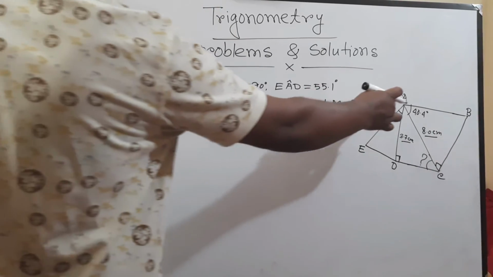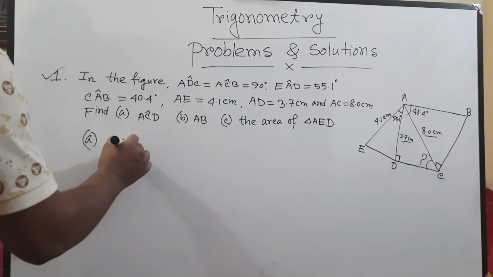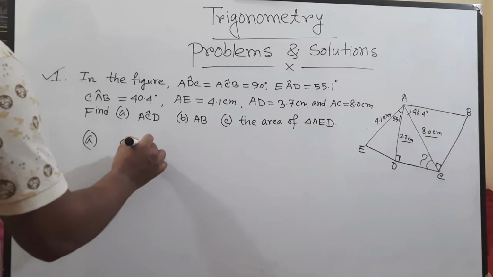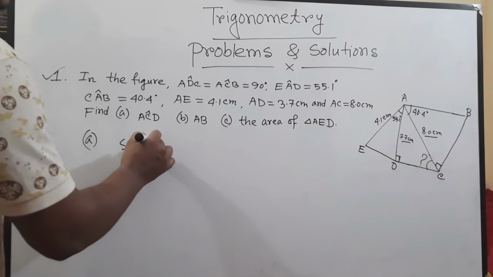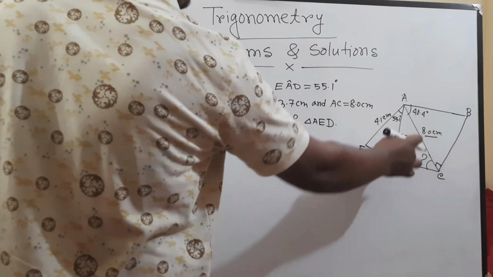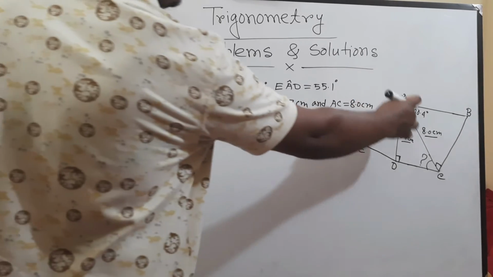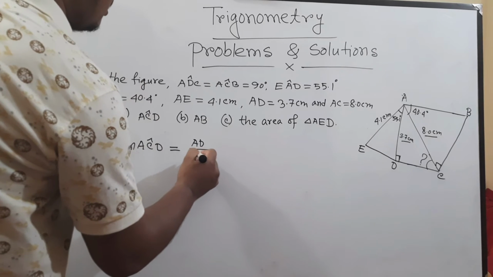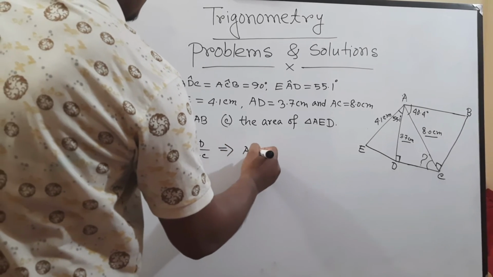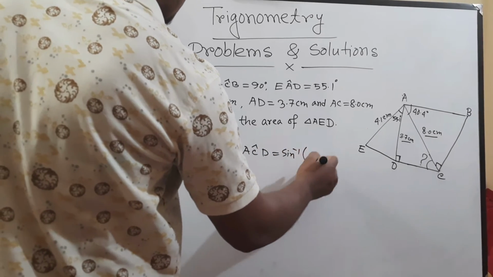So if we take the ratio for this right angle triangle, then we will get sine angle ACD equal opposite over hypotenuse. So here opposite is AD over hypotenuse is AC. So angle ACD equal sine inverse. We just put the value here.